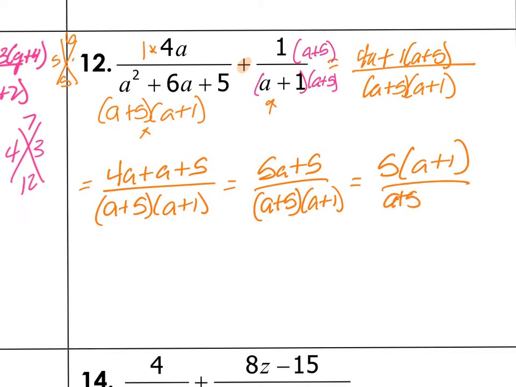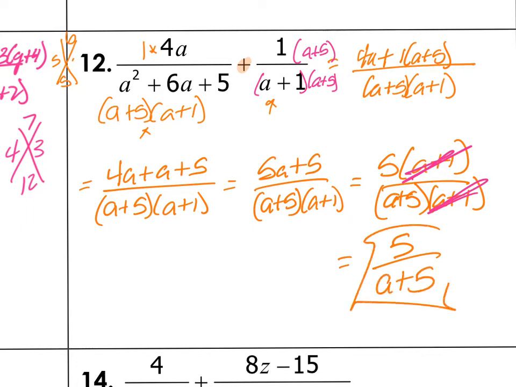A plus 5, a plus 1. And have a 1 on top and a 1 on the bottom. Same thing on top, same thing on bottom. So I have left a 5 over a plus 5. There you go. Good job, you guys.